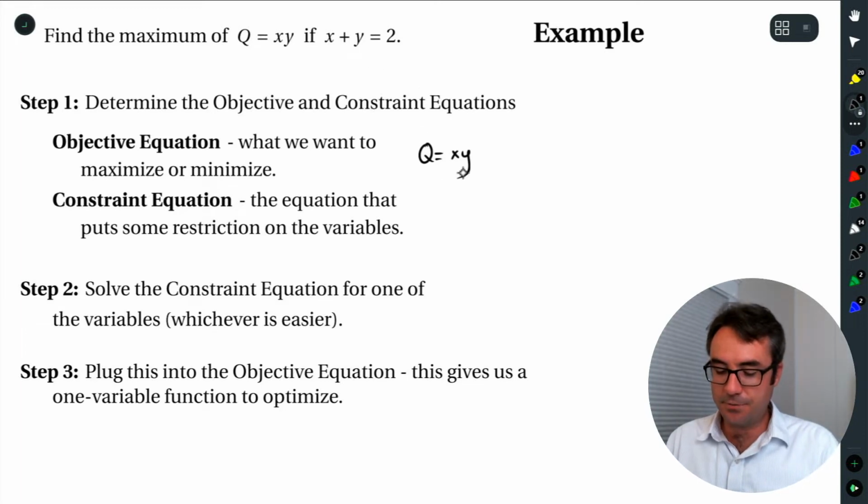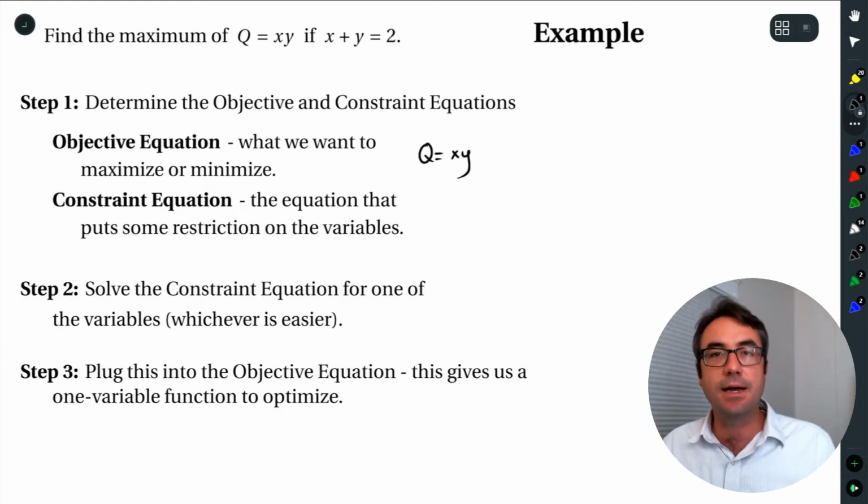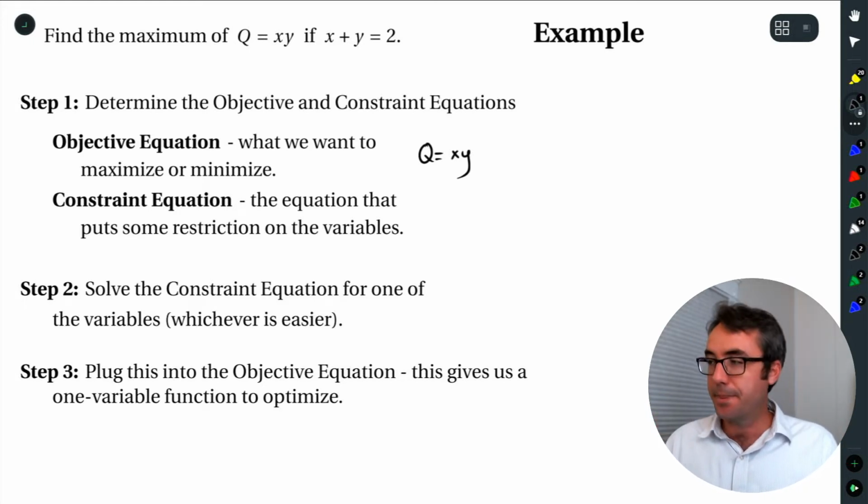If we were just trying to maximize x times y, I could just pick numbers x and y as large as I want. But we have this condition that says you can't just pick anything. You can only pick numbers x and y so that they add up to 2. So this second equation puts a constraint on what x and y could be.